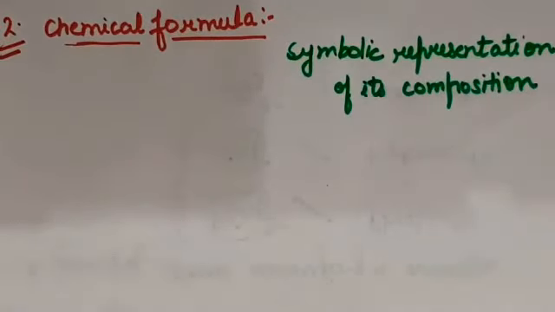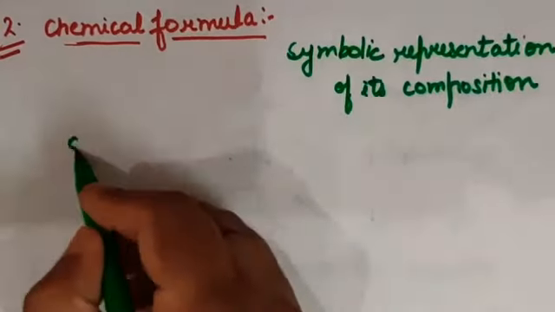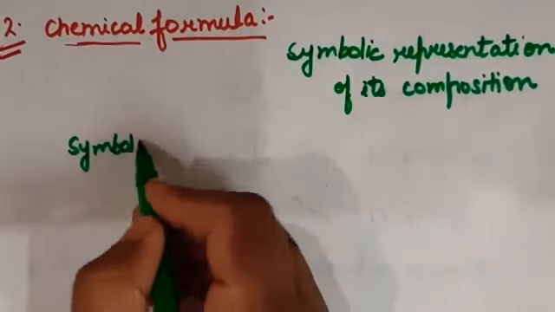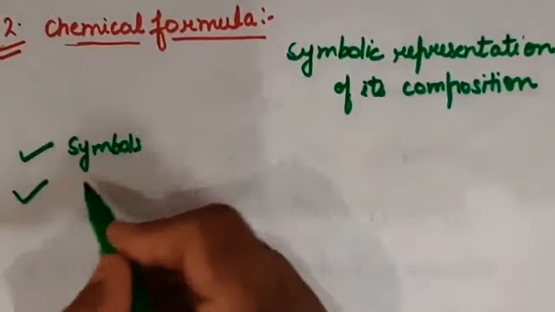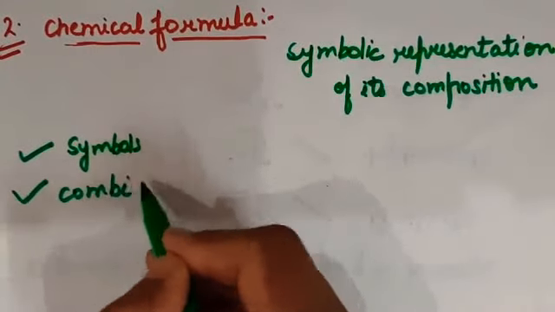Now, how to write a chemical formula? For writing a chemical formula, we need to learn the symbols as well as the combining capacity of elements.